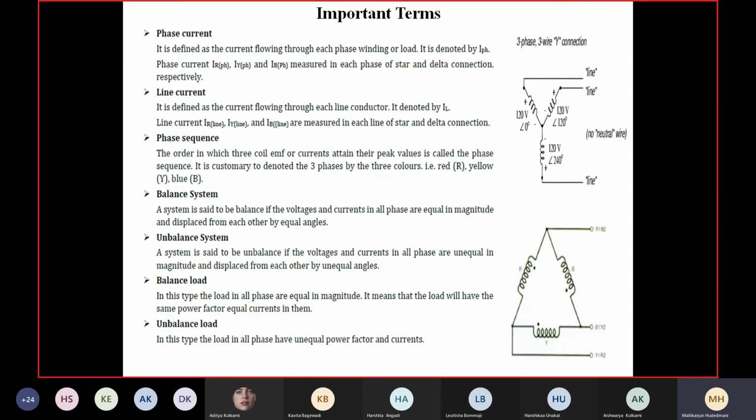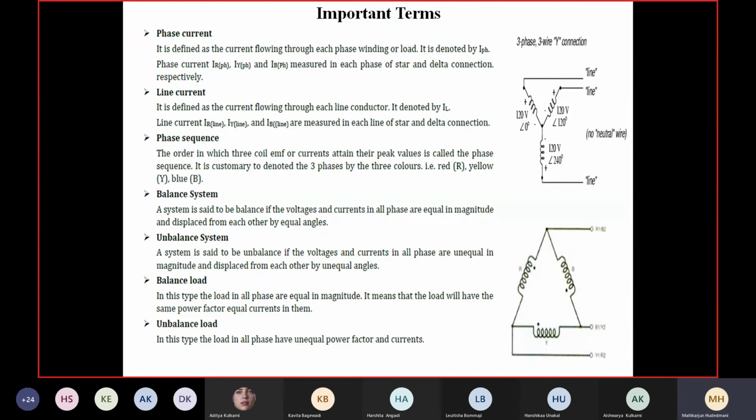So line current and phase current we can distinguish. Generally, R, Y, B is the internationally recognized convention in India and Asia. So R, Y, B I call IR, IY, IB as line currents, and IPH as the phase current.